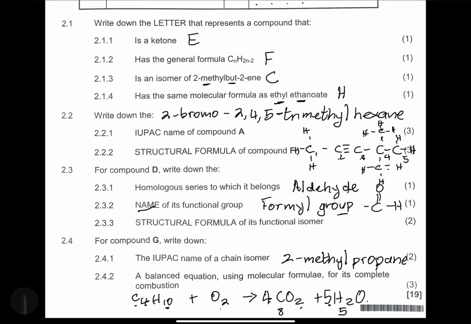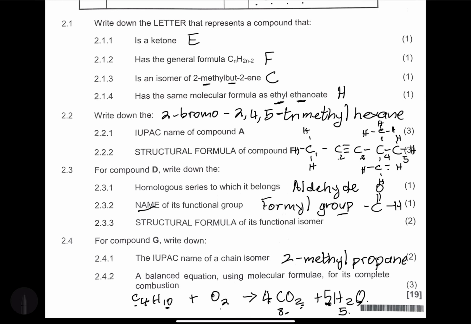By the way, if you left it like this, you already have 2 marks if you are not able to balance it, right? But I still want you to get that extra mark as well. So how many oxygens? 4 times 2 we said, that's 8. We've got 5 times this one, that gave us 5. So the number of oxygens is 13.